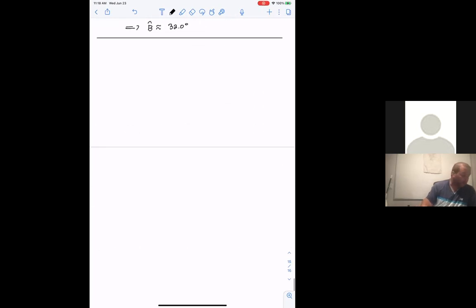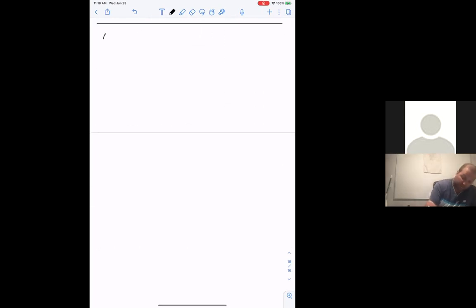And our last question of this exercise, question number 6. To find the third side of triangle ABC, so we have some triangle ABC. I'm going to call this A, B, C, with AB 40 centimeters and BC 25 centimeters, and angle BAC, this one down here, is 35 degrees.